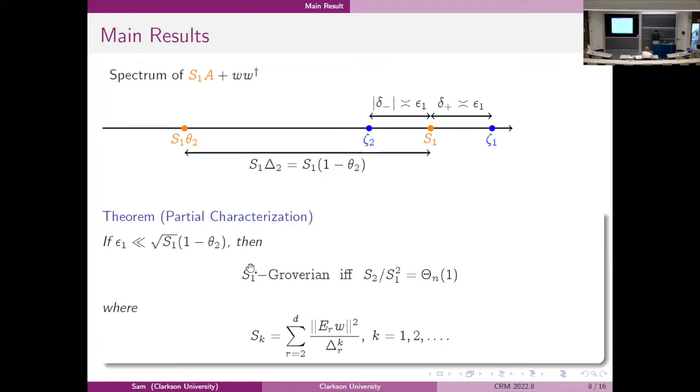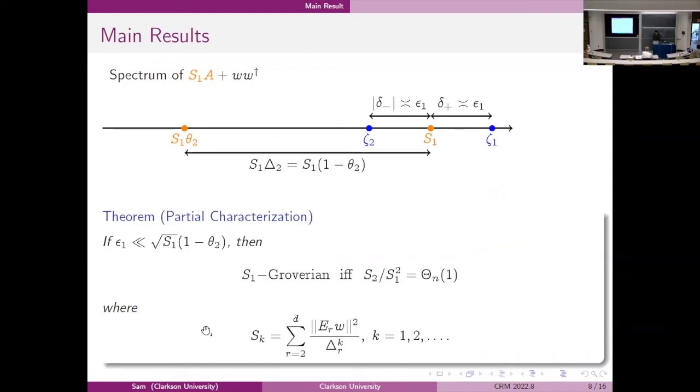And in that case, we say the graph is S1 covariant if S2 over S1, or S2 over S1 squared, is asymptotically a constant. Okay, that is the same result as Chakraborty et al. And our condition is easier compared to their results.